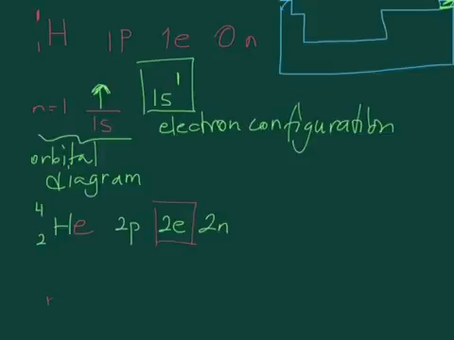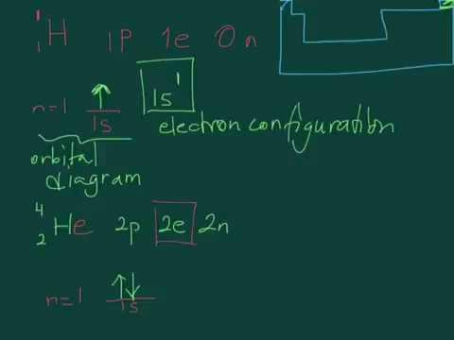We again start from the lowest energy level according to the Aufbau principle, n equals 1. The first energy level is made of one sublevel, the s sublevel, and the s orbital, 1s. The 2 electrons in helium go into the 1s orbital, one arrow up, one arrow down, showing the clockwise and the counterclockwise rotation of these electrons.